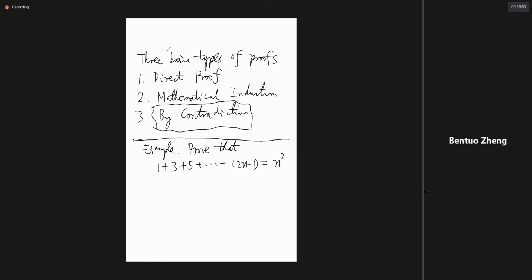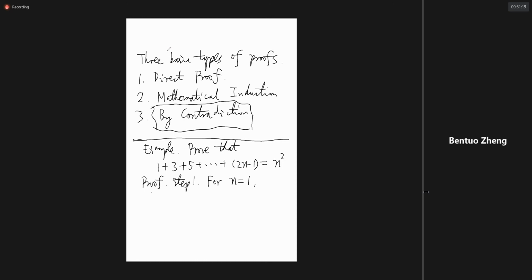So we'll use mathematical induction to prove it. If you recall, the first step is to verify the initial case, for n equals 1.